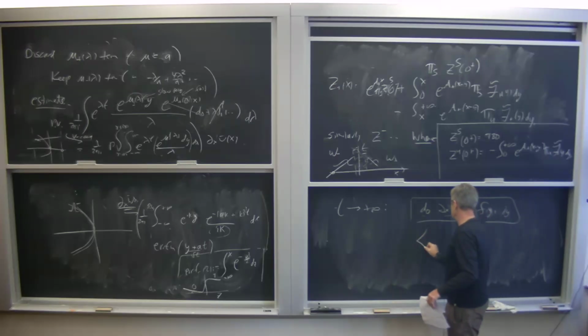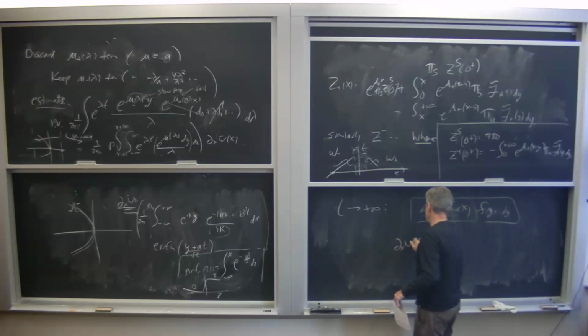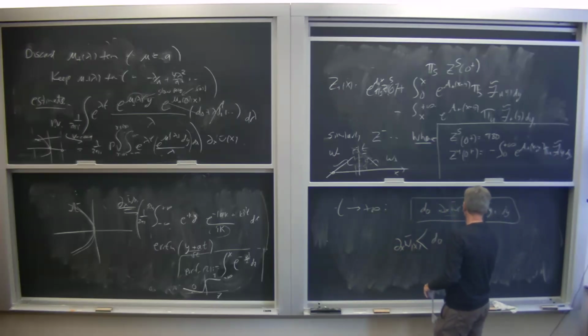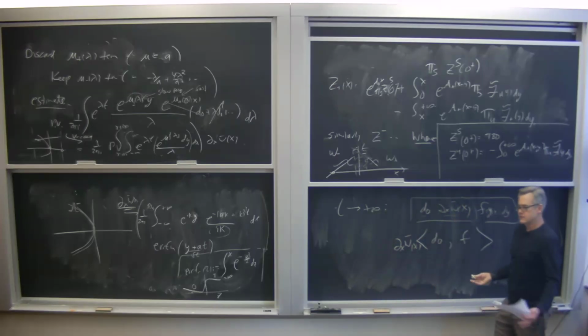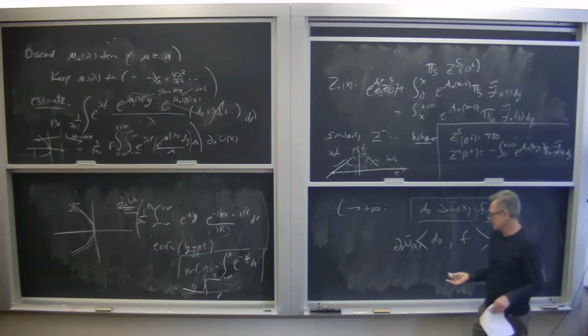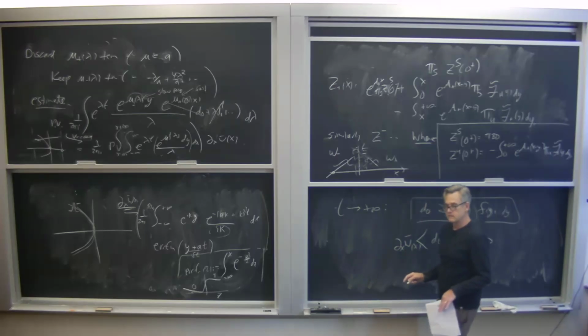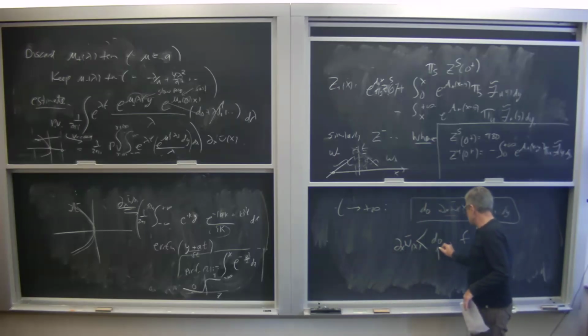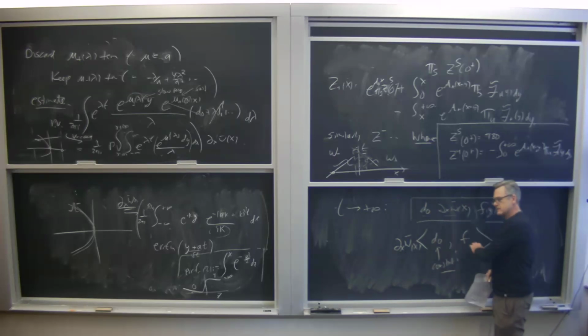So it's like a projection. It looks exactly like what we did in the case with the spectral gap. This is a constant. This is an unbounded projector on L2.